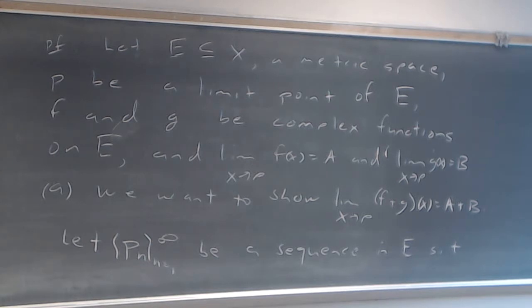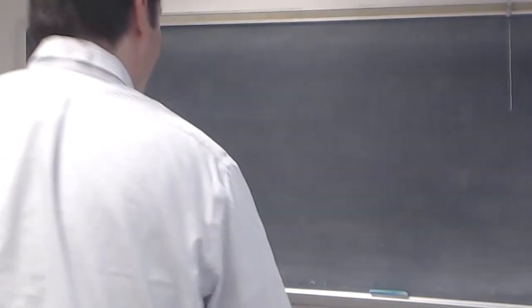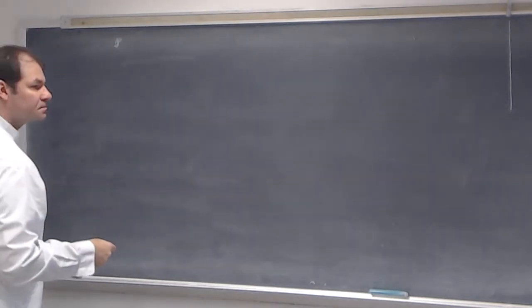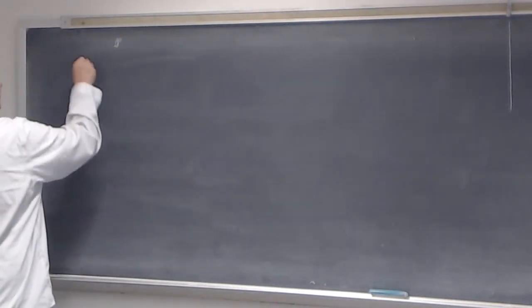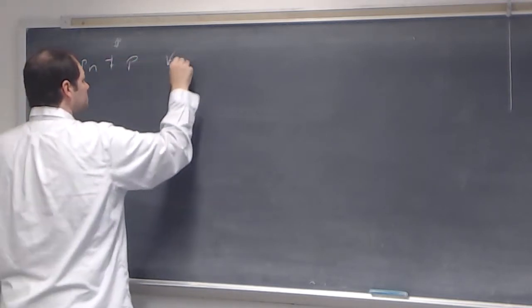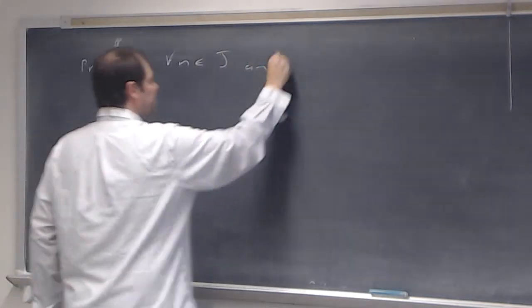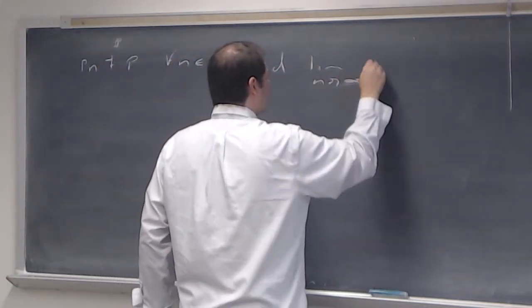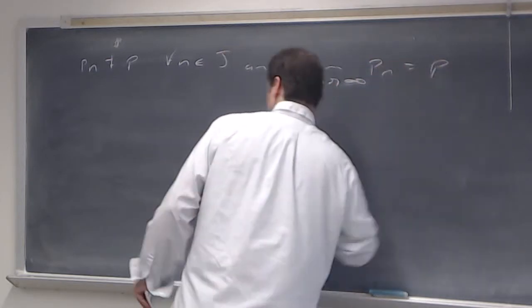The required type of sequence that we look at in the sequential criterion for function limits are sequences in the domain of the function, that none of the terms are equal to p, and that the limit as n goes to infinity of p sub n equals p.